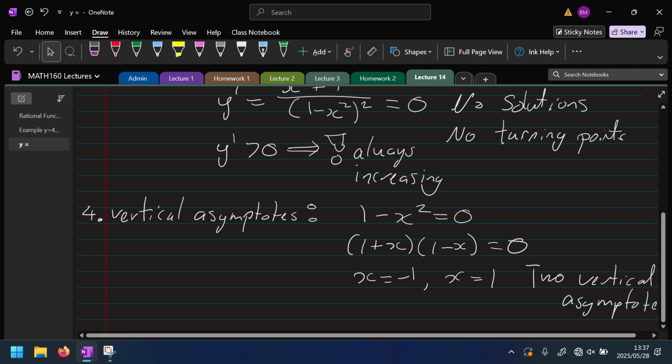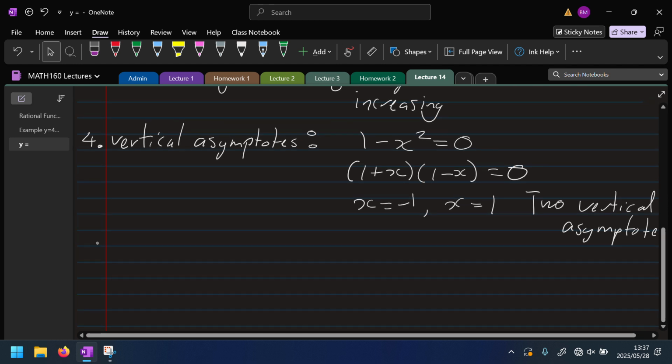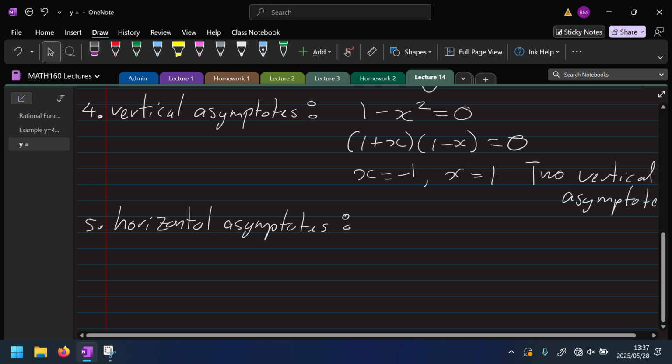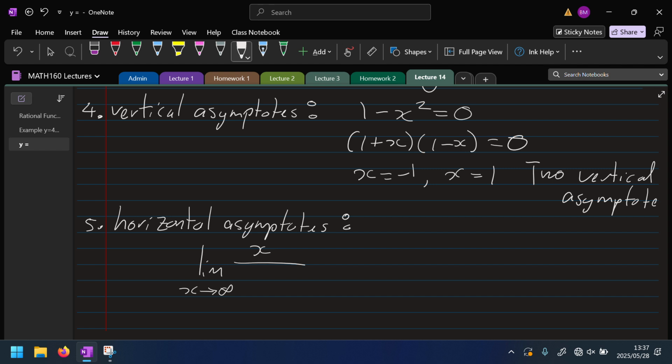What about the horizontal asymptotes? Let's check. Okay, the horizontal asymptotes occur when we take the limit as x goes to infinity. So let's do that. So we want the limit as x goes to infinity of our function x over 1 minus x squared.